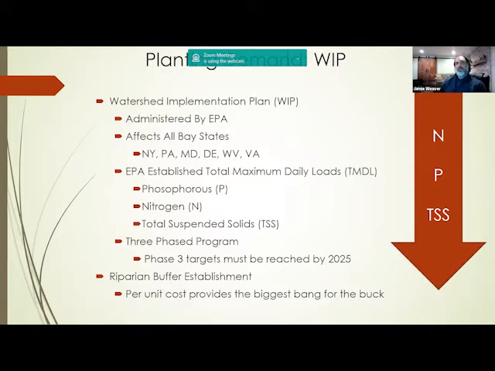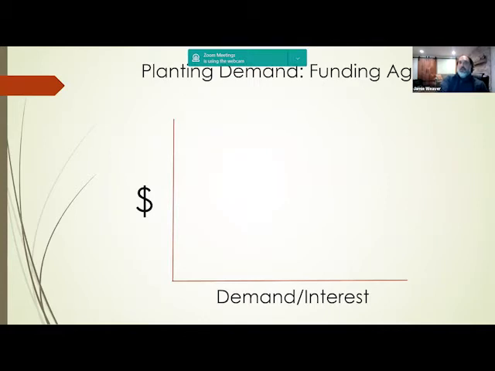This WIP program has been broken into 3 phases, and we are into the 3rd phase now with a target of 2025. So as I was just mentioning, that whole aspect of investment of resources versus return has created very, very high interest and demand from funding agencies to further continue outreach and tree buffer establishment.